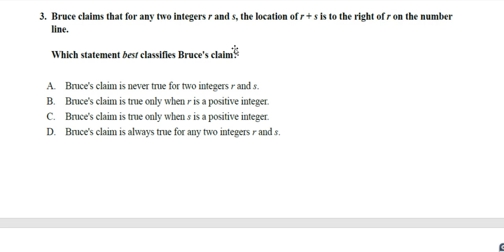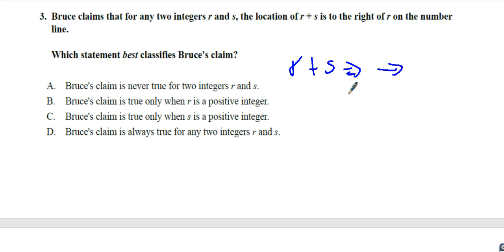So what that must mean is that if I started with r and I added s, and I ended up going to the right, then that would just imply that the number that I added to r must be positive, because positive numbers go to the right.